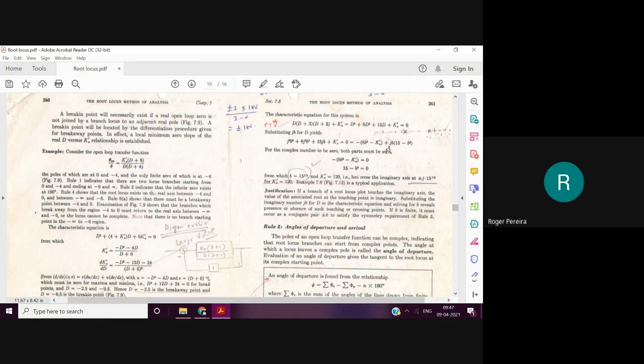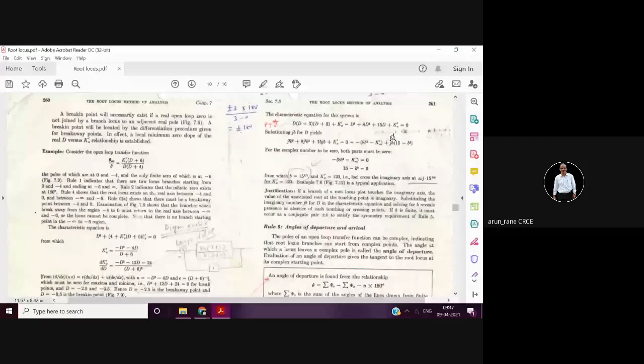Yes, sir. So now this you have written in real part and imaginary part. Now this is equal to 0. See, here it is written only in one line, but you have to write it in two lines.